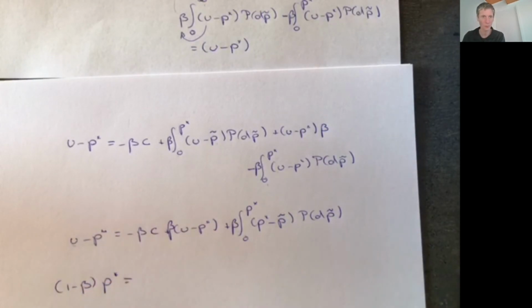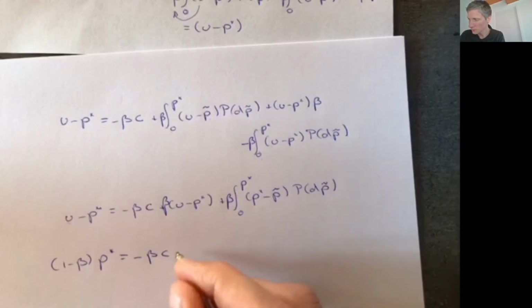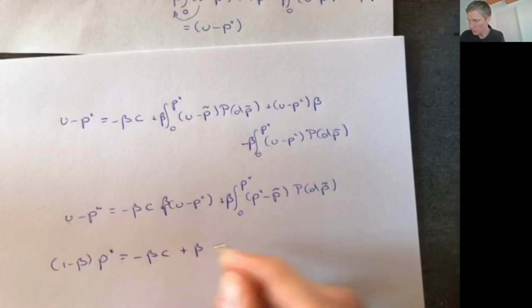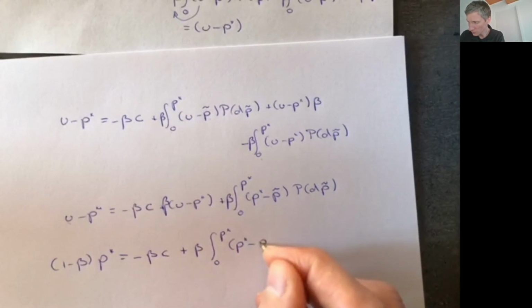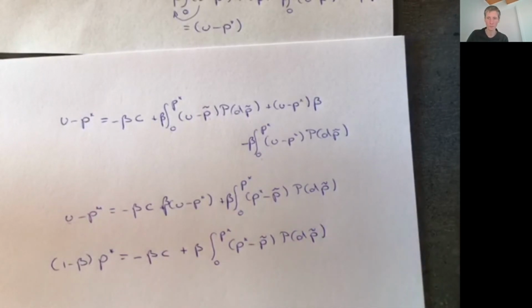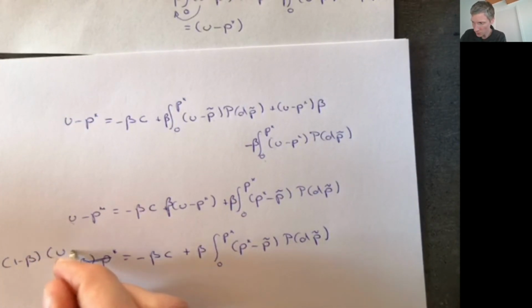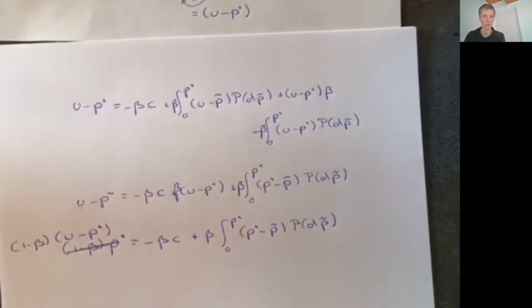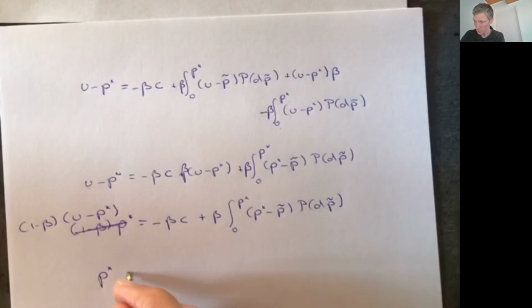It's very convenient if you know where you have to end up, then you can spot the mistakes along the way. It is minus beta c plus beta times the integral from 0 to p star of p star minus p tilde p dp tilde. And I made another mistake. Well, this is 1 minus beta times u minus p star, of course. And I can write p star on one side.